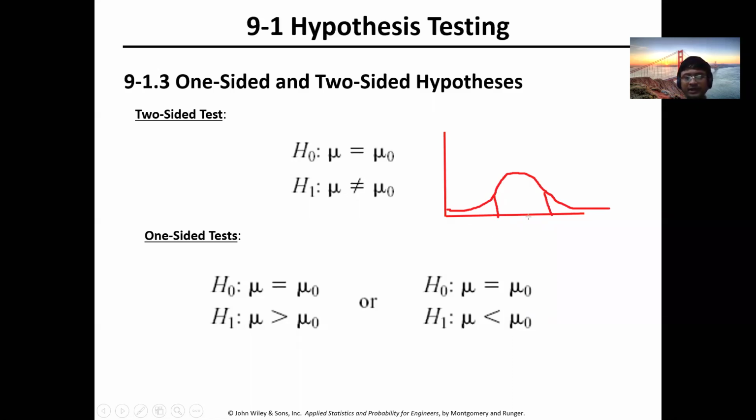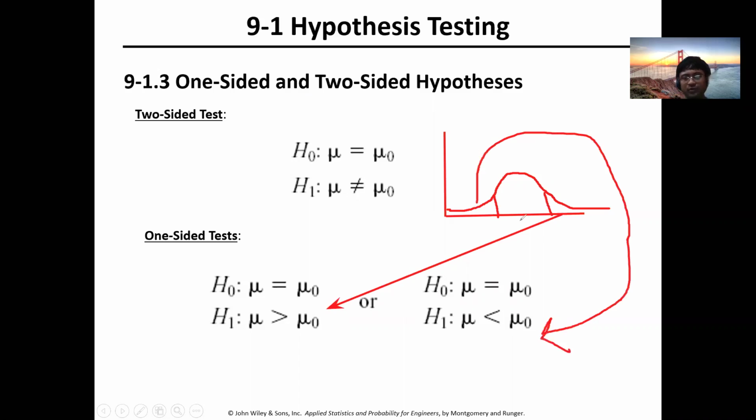This side is when mu greater than mu 0, but this side is when mu less than mu 0. So what is mu 0? The mu 0 point is the middle point. This point is termed as mu 0.